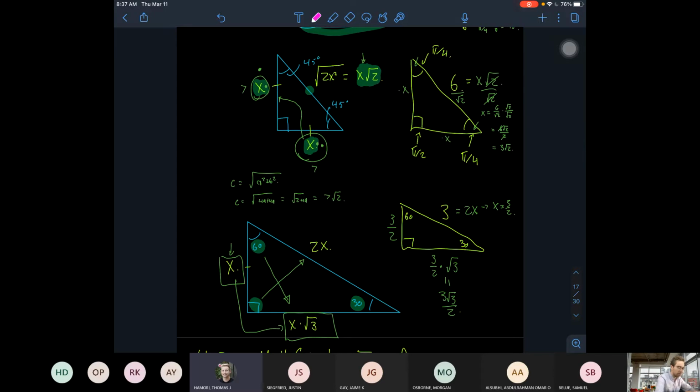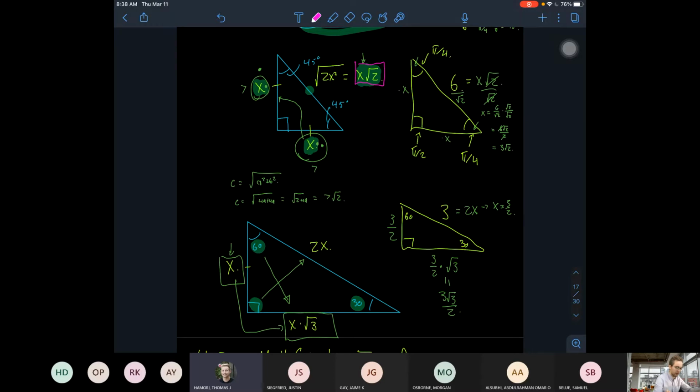So the proportion scheme for the 45, 45, 90 triangle was that the two side lengths, which are opposite the 45-degree angles, will have the same length. And then whatever length that is, we multiply by square root 2 to get the length of the hypotenuse. So in this example, we were given the length of the hypotenuse, so to find the length of these legs, we had to take that length and divide by square root 2.